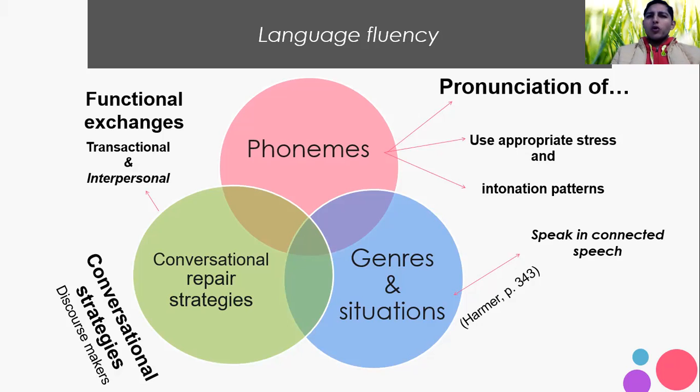Now, in order to work with language fluency and oral production, we usually come up with a couple of strategies for overcoming tough situations, difficulties, constraints regarding communication. Those are usually referred to as conversational strategies.